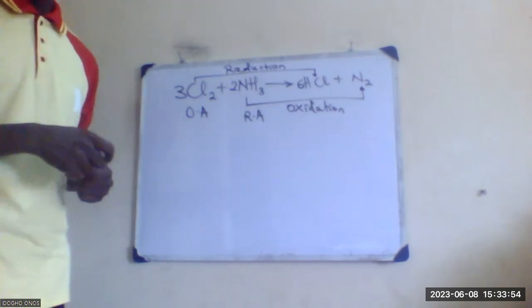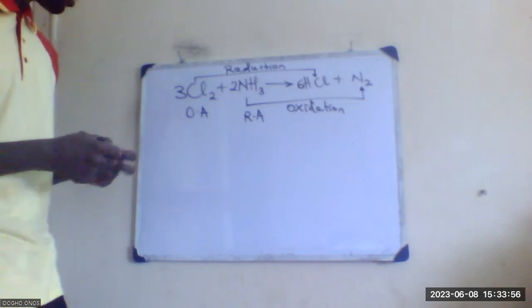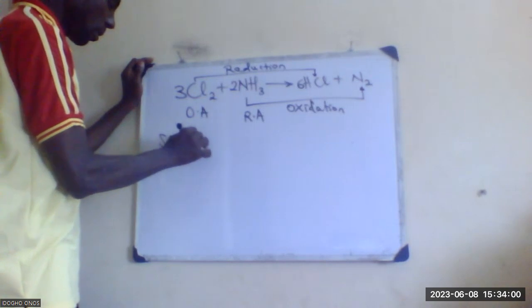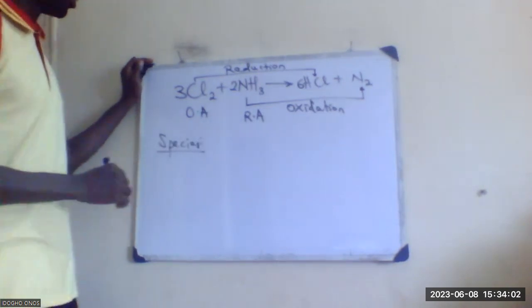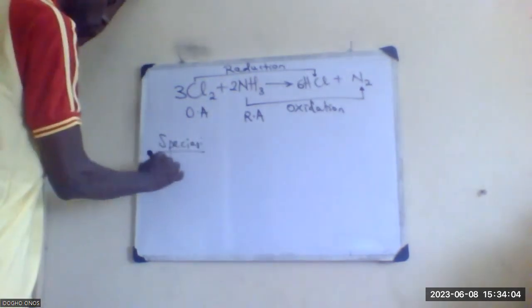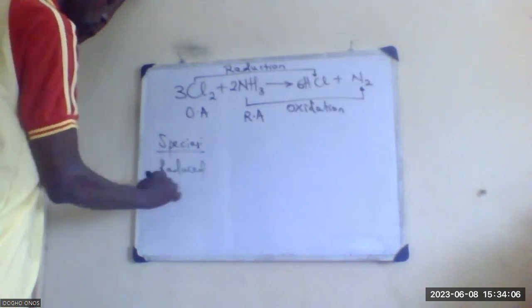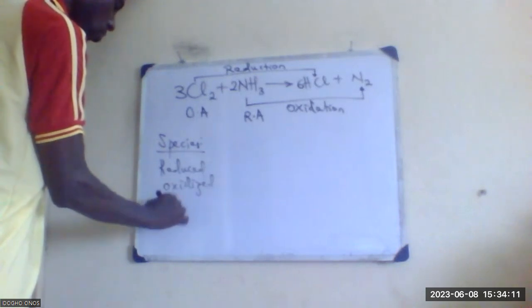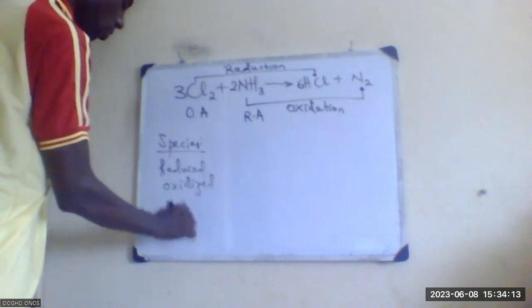Are we together? Then we can now simply list the species: reduced, oxidized, reducing agent, and oxidizing agent.